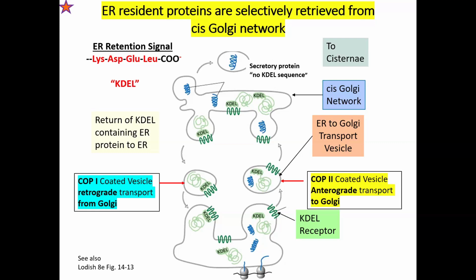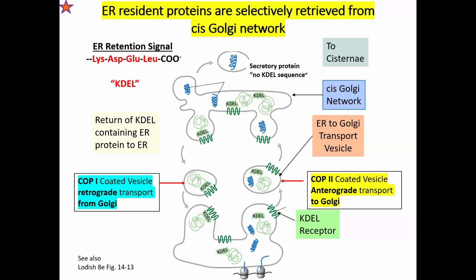In the alkaline compartment of the ER, the KDEL protein and the KDEL receptor don't have any affinity. But in the acidic pH, they actually do have affinity. So the KDEL receptor in the acidic pH captures the KDEL proteins, and once this happens, it triggers a vesicle formation with the COP1 coated vesicles, what we said, and they are going to return back into the ER.